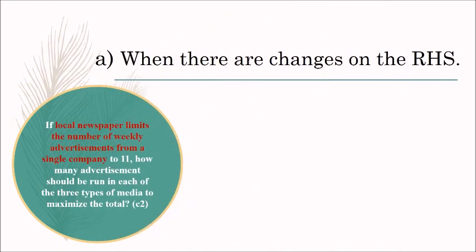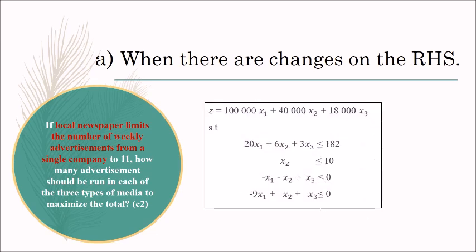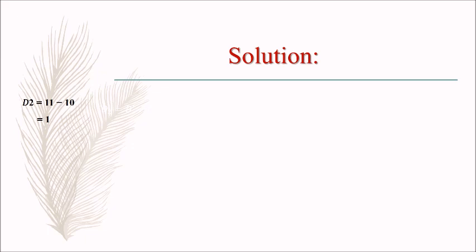From the question, the key point is the local newspaper limits the number of weekly advertisements from a single company, which is the second constraint. So to find the delta, new D, which is 11, minus the existing D, which is 10, and we will get 1 as the delta 2.